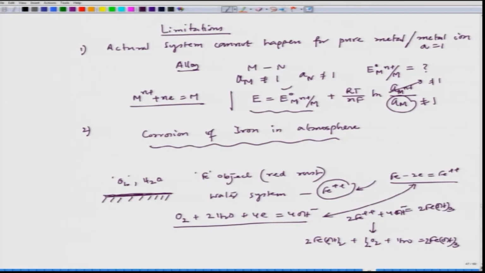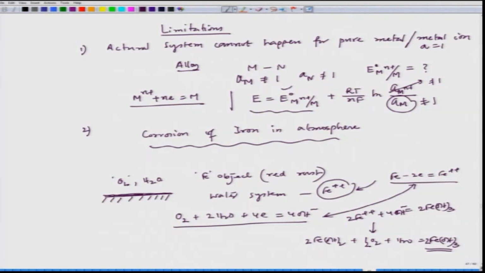Yes, this is balanced. So we have this ferric hydroxide, which is nothing but the red rust. Then we have the formation of the corrosion product and the corrosion of iron.